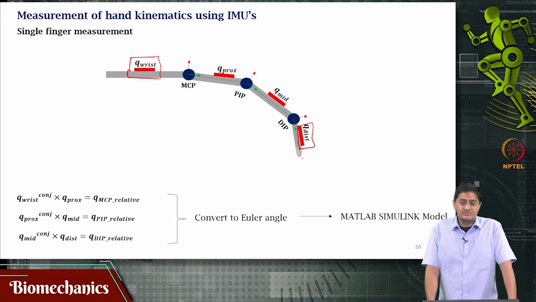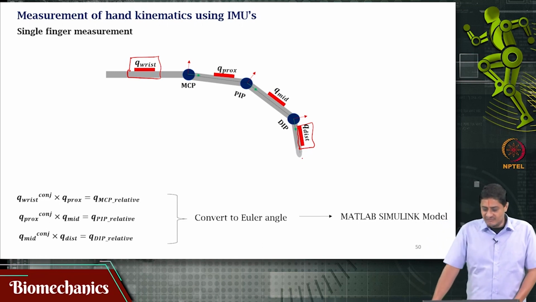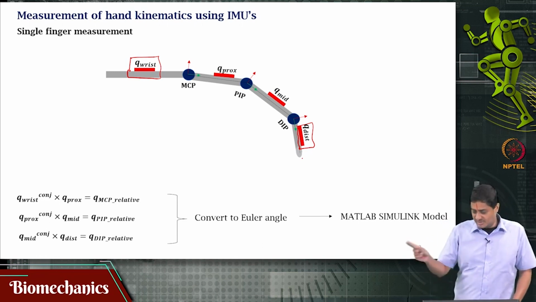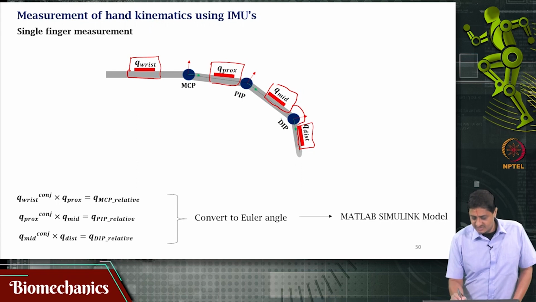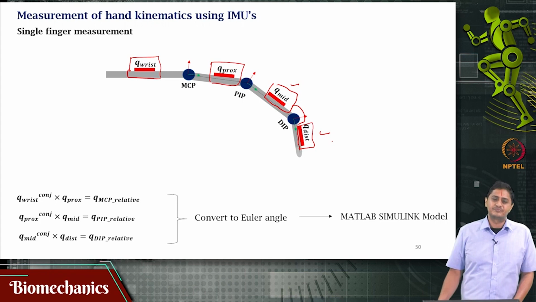A better method would be, suppose you have access to some more IMUs. Suppose you have 2 more IMUs, it might be better that you measure the orientation between this mid IMU and the distal IMU.